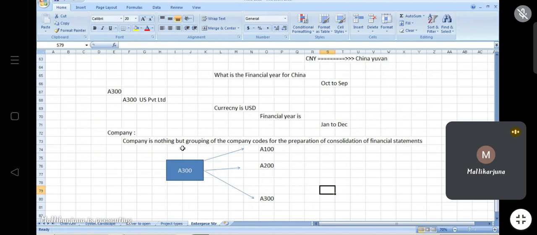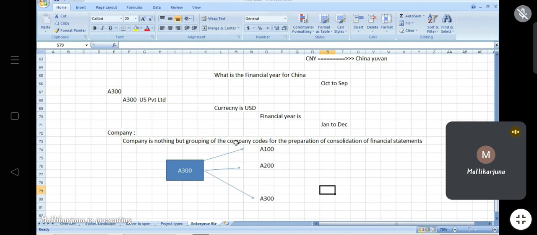When they prepare consolidated financial statements, in which currency and which financial year do they follow? That is based on the parent company.